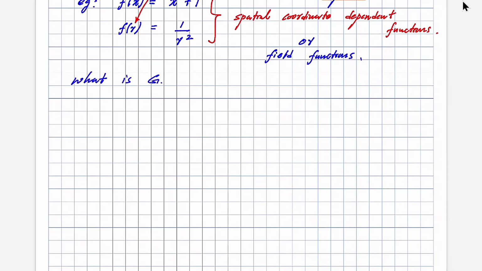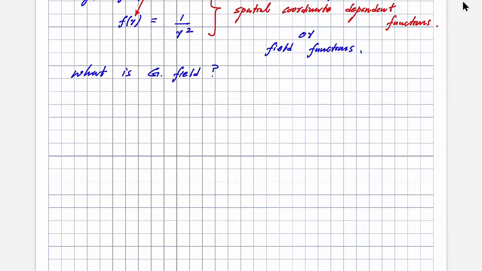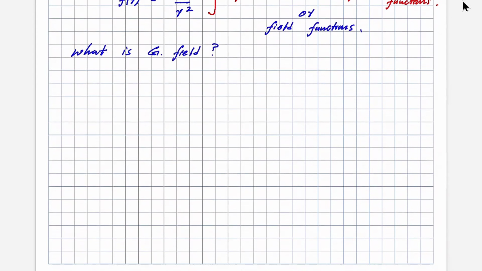What is gravitational field? Gravitational field is space where the masses are at. So you are dealing with masses in gravitational fields. Masses.